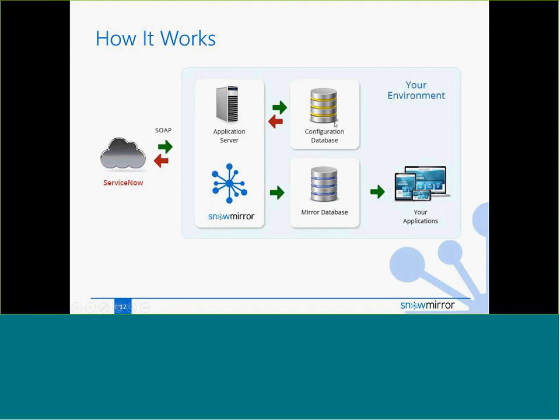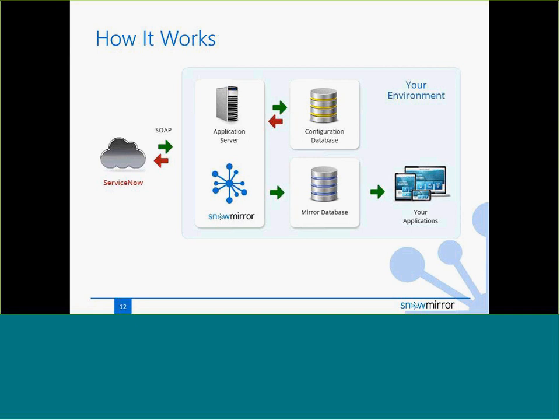SnowMirror itself requires a database for storing its own configuration and the history of all the replication runs. We typically do not recommend having the configuration and the ServiceNow data in one database. We typically recommend having two separate databases.